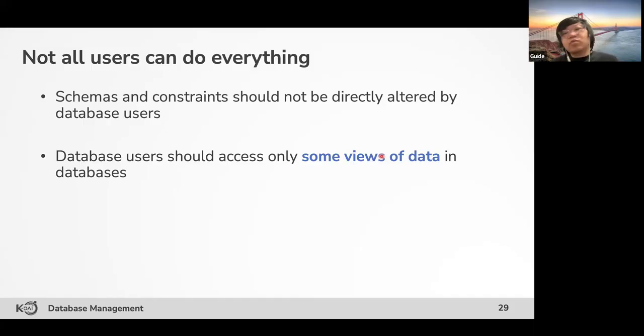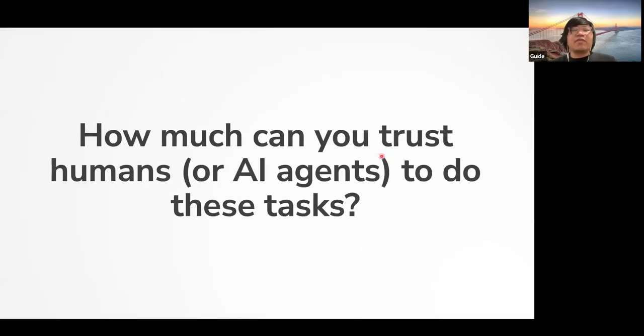Even in the same table, it could be better if some users can access only some rows of the table, right? These are about access control. We will talk about it in future lectures and labs.